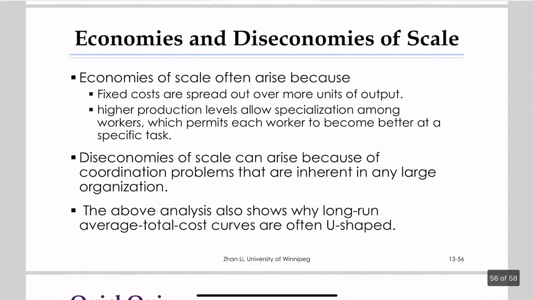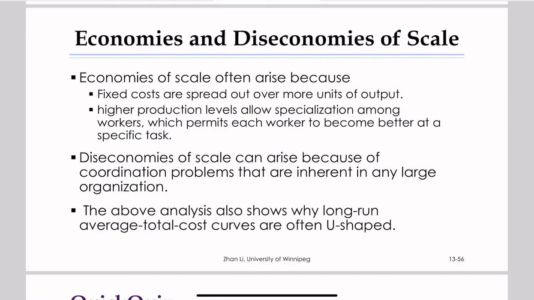Now, why do we have economies of scale here? Well, it's because in the beginning, right, the firm can actually get some benefit as the firm increases its output. The reason is because when the firm has more outputs, then fixed cost can be divided into different quantities.